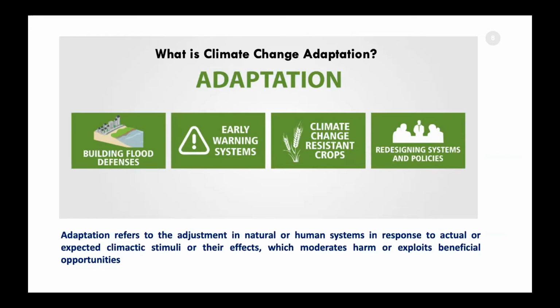So for tagging the budget, there are two ways to identify your type of climate program. Does your PAP address adaptation or mitigation? So for climate change adaptation, this refers to the adjustment in natural and human systems in response to actual or expected climatic stimuli or their effects, which moderates harm or exploits beneficial opportunities.